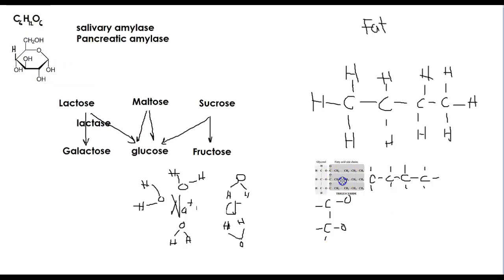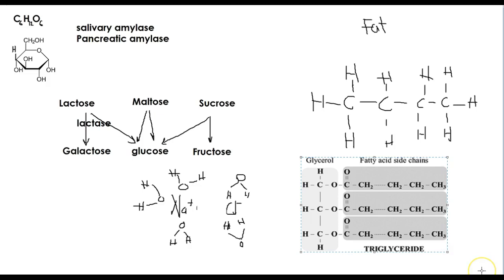Looking something like this, a little bit better than my drawing. So this is your glycerol, and these are your fatty acid chains. Notice that they all have carbons. They're made up of multiple carbon-hydrogen bonds. Okay, so fats, all of these fatty acid chains are all nonpolar, okay?